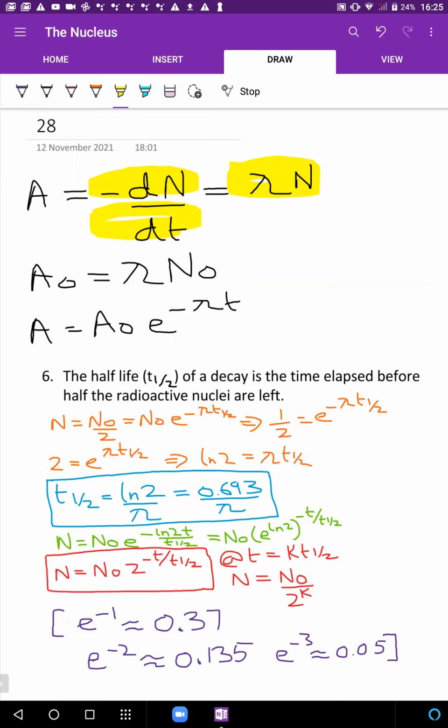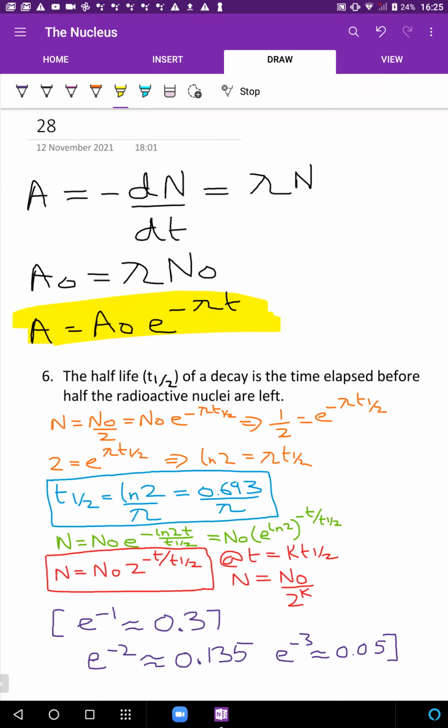So if the number of nuclei becomes half, the activity becomes half. Initial activity is also lambda times the initial number of nuclei. So as the number of nuclei varies with time, the activity also varies with time. If you divide both sides by lambda, you get N is N naught e raised to minus lambda t, which is the equation we have derived.